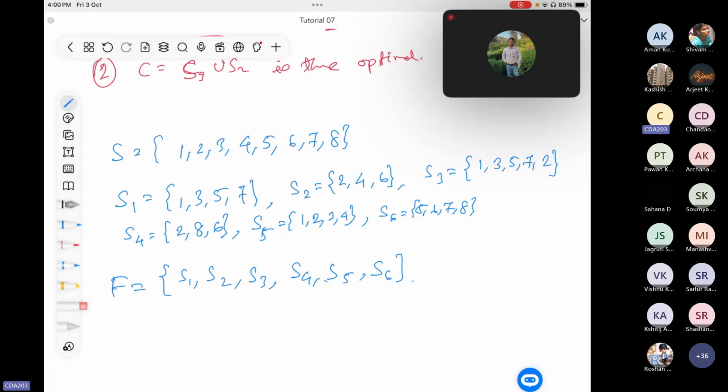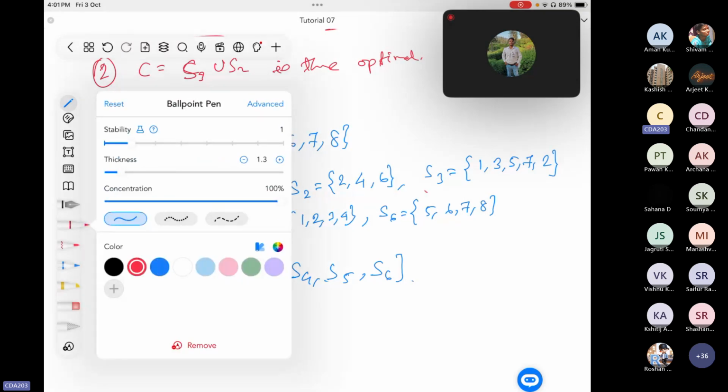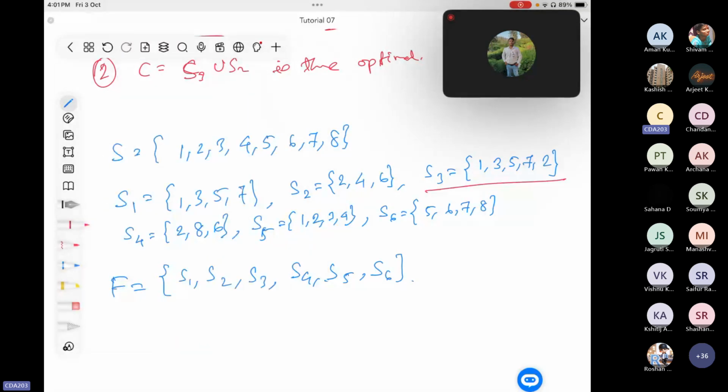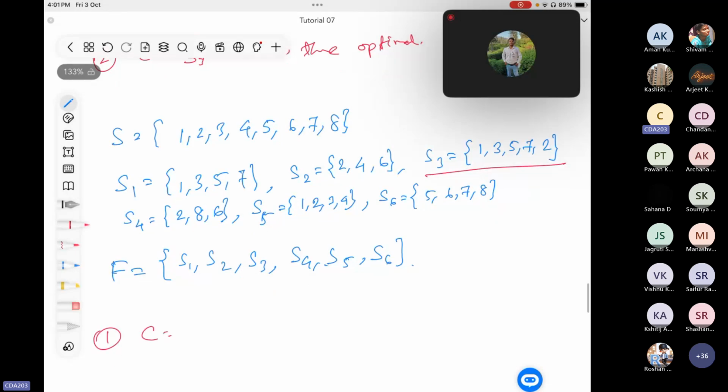So okay, maybe 5, 6. This one I am writing clearly. So if you apply greedy, the first choice that you will make is this one. This is the maximum cardinality, right? So in the first step, I will obviously select S3.